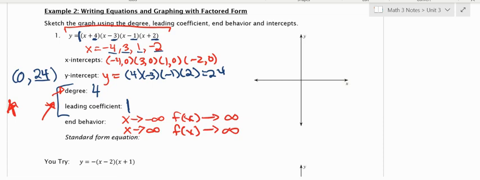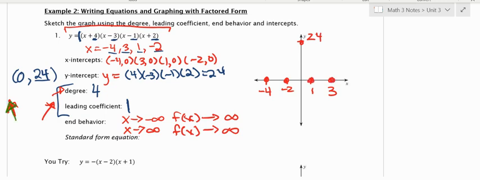And so when we go ahead now and graph this, we're going to plot all of our intercepts first. So we have here negative 4, plot here negative 2, 1, and 3. Positive 24, again not to scale, so we're just going to do our best to sketch it. Whatever we draw has to go through these points.